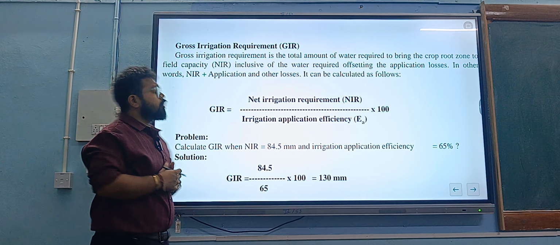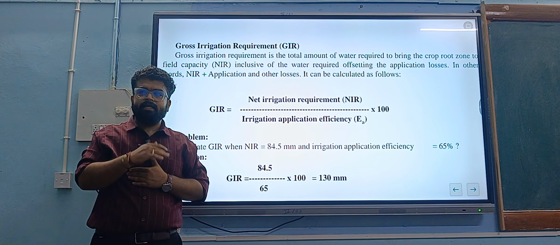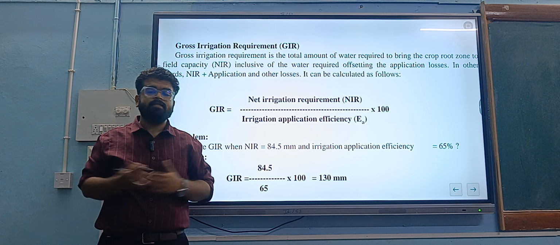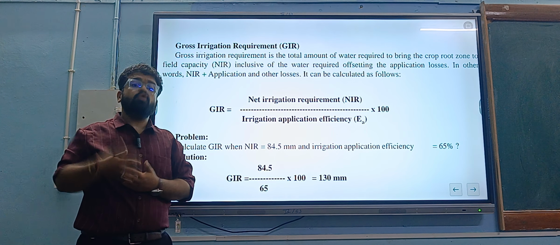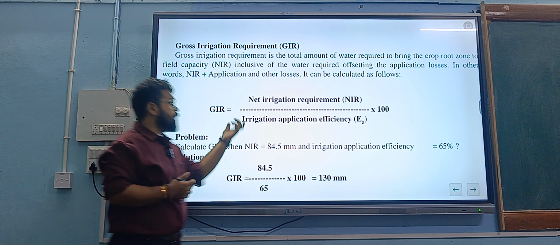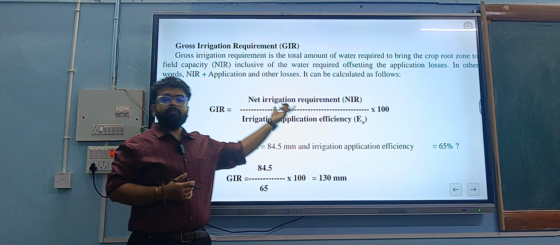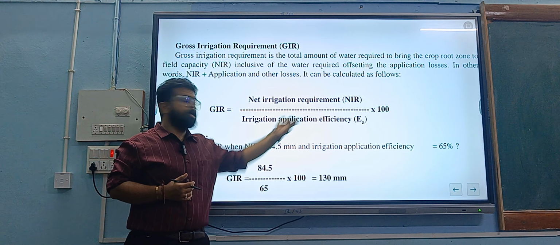The next is gross irrigation requirement. The two terms which I have told you are the net irrigation and the gross irrigation. Gross irrigation requirement refers to the total quantity of water including the efficiency. So it can be calculated by net irrigation requirement divided by the irrigation application efficiency, multiplied by 100.